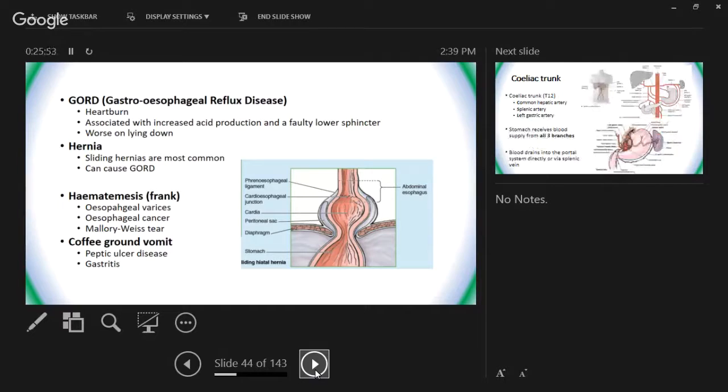So you know before, gastroesophageal reflux disease can give you esophagitis. So it's heartburn, worse when lying down. You get a hiatus hernia, which is in the picture there, which can also predispose you to reflux. And then bleeding, right? So blood in your vomit, red blood, can be from varices, can be from cancer, or a Mallory-Weiss tear.